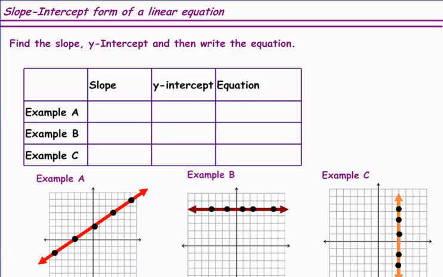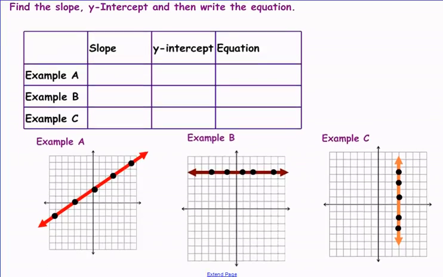Let's look at some pictures here. We're going to find the slope of the pictures by counting, because we have pictures, so we can count. Let's look at example A. I'm going to use my blue marker. Notice that the slope is going to be the same no matter which two points I use.